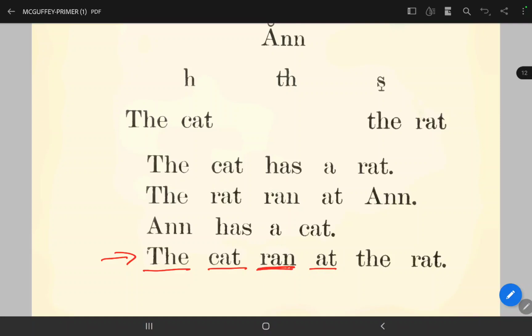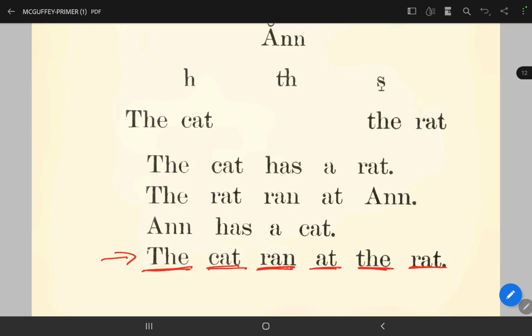A-T. The A is a. And a T says t. At, and the, R-A-T. The R says R, the A says A, and the T says T, rat. So we have the cat ran at the rat. And we have a period at the end to show it's the end of the sentence.